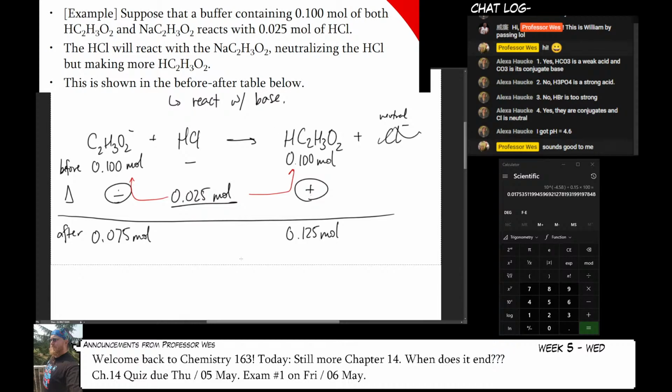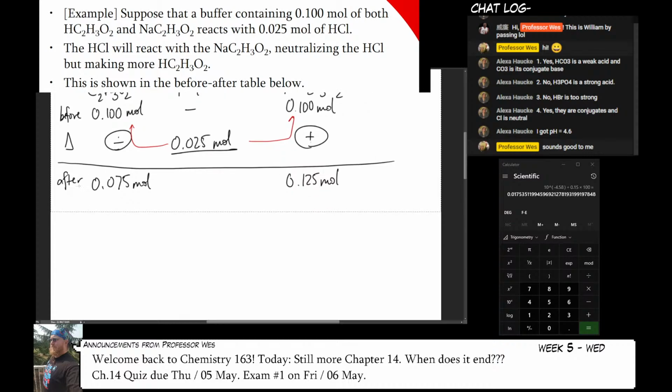Now, if I wanted to calculate the pH of this, I would just use the Henderson-Hasselbalch equation. So I'd have to go look up the pKa for acetic acid. That's easy enough. Plus log of base over acid. Well, wait a second, Professor West. We don't have concentrations. We only have moles. Okay, well, I'm going to divide by some volume then, whatever the volume is, to make it a molarity. And when I put it in here, this is what will happen.